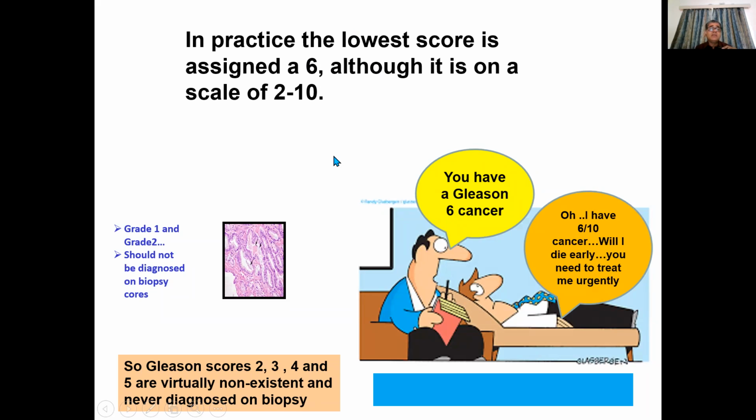So, if you tell a patient that the score extends from 2 to 10, and he comes to know that he has a Gleason score of 6, he would probably think that he's somewhere in the middle of the spectrum. And he would say that probably he needs immediate treatment. But in actuality and practicality, it's the smallest cancer or the lowest grade of cancer which can be diagnosed. And so these patients may be candidates for active surveillance without immediate treatment. And that has to be conveyed to the patient.